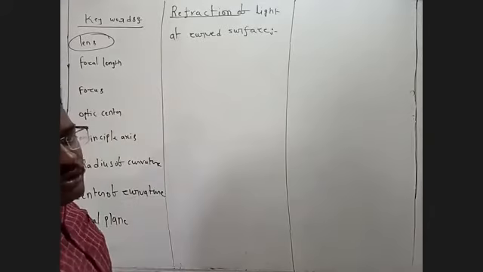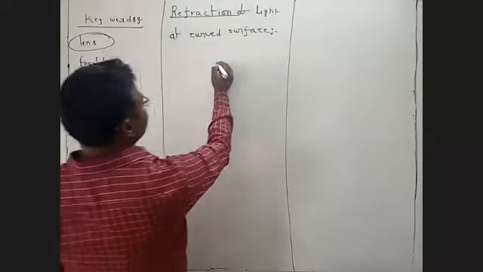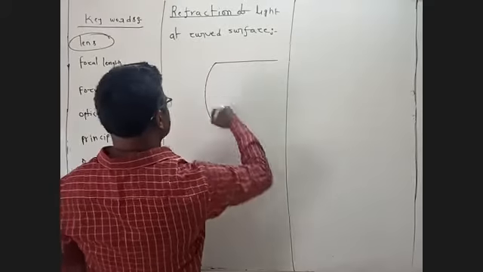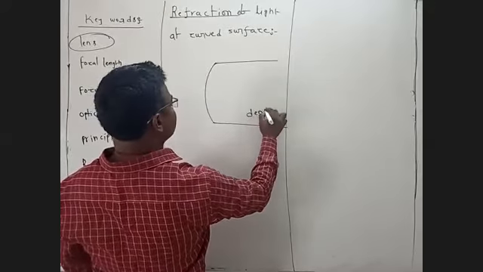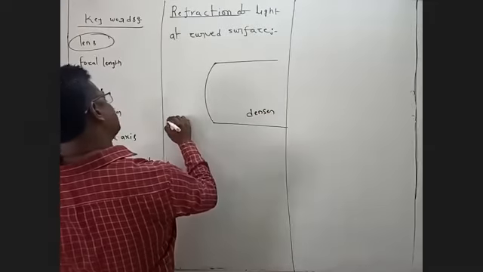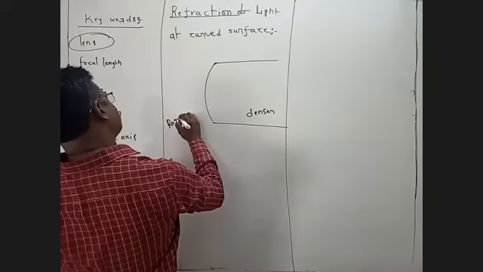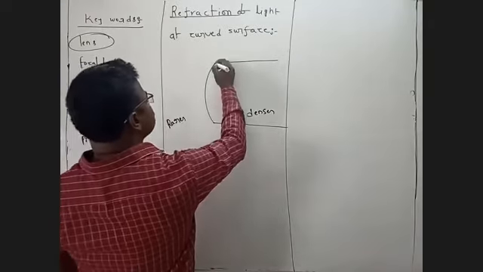What is the meaning of a curved surface? For example, this is a curved surface. Say this is a denser medium and this is a rarer medium.